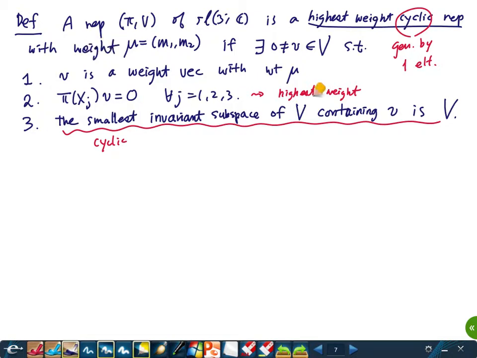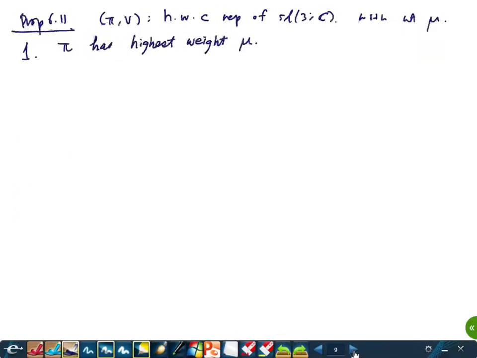I'm not saying that it's going to be a highest weight, because highest weight means it is greater than every weight sigma, but I'm not saying that in this definition. Eventually it's going to be true, but that's something we want to show. So this will be used to show that mu is a highest weight. So for now, mu is just some weight. We don't know whether this is highest weight. So what I wrote here is wrong; as a definition, it should be just weight. We want to show that it is in fact the highest weight.